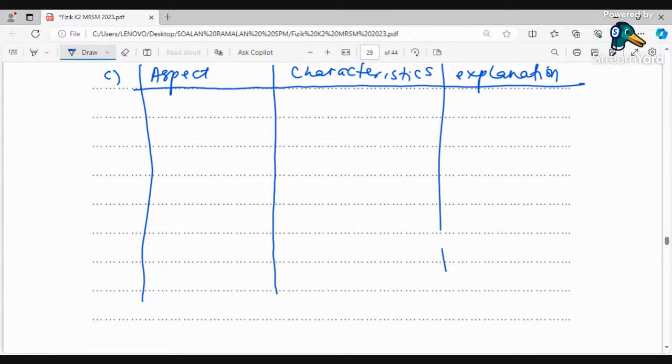Apa aspek tadi? Yang pertama ialah type of wave breaker. Kalau nak buat numbering pun tak apa, boleh je. Okay, yang kedua ialah material of wave breaker. Salin je.